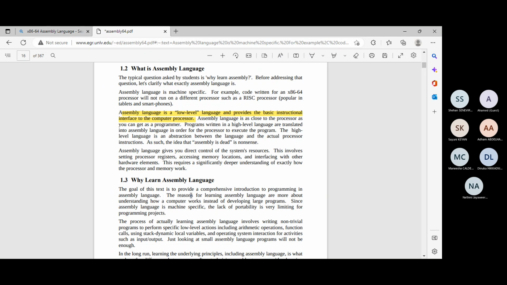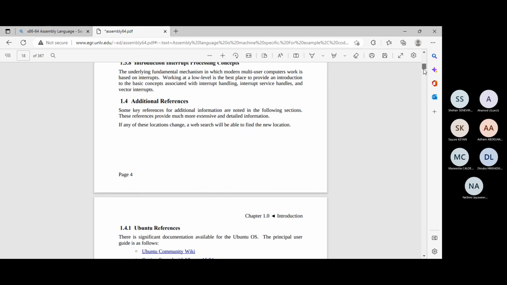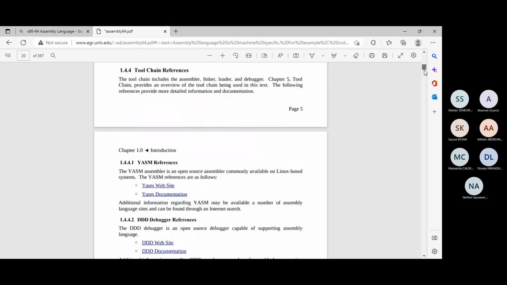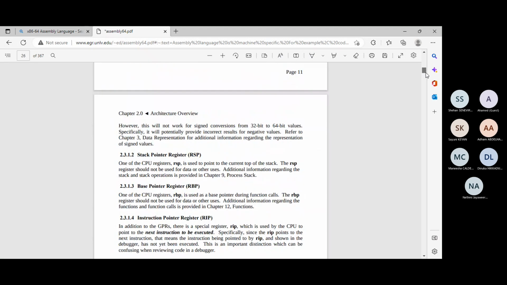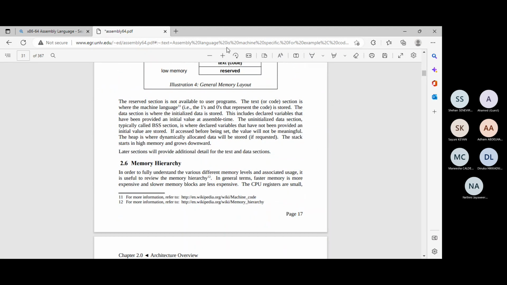This book is just a simple PDF, but it's a bit hard, with about 350 pages. So they discuss all of these things well, and for the most part they explain each and everything to understand.